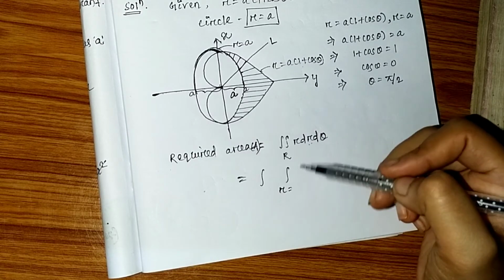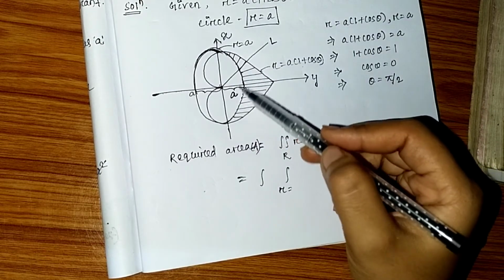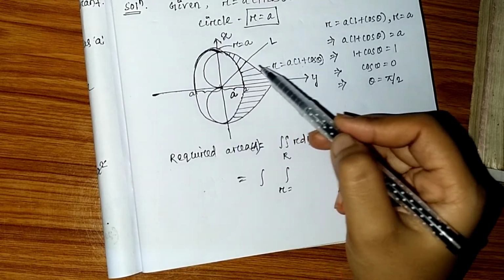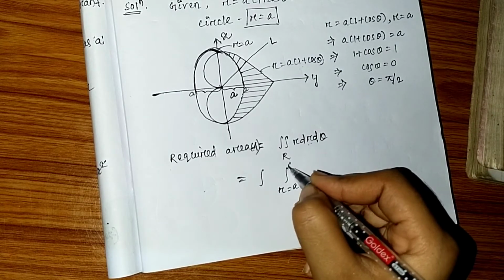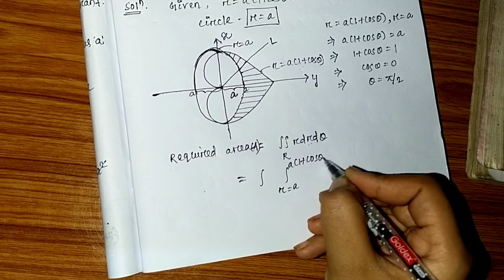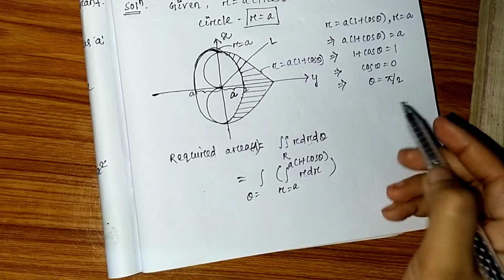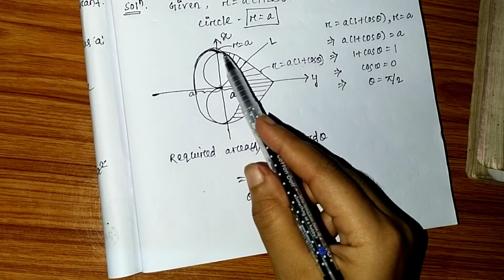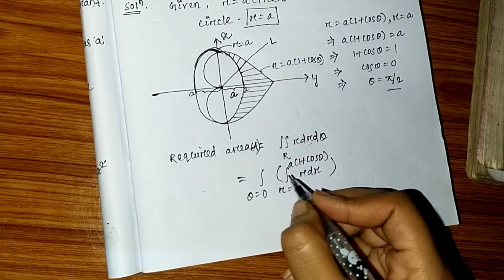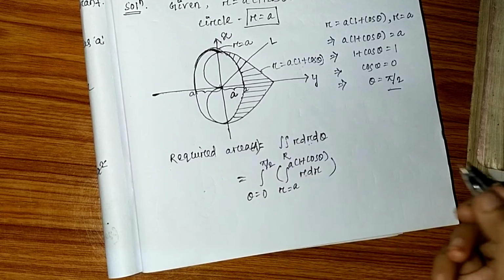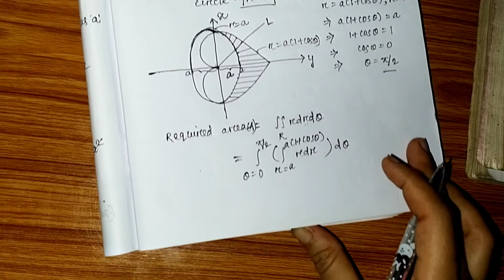So r is from a, this circle r equal to a, to r equal to a into 1 plus cos theta, and this is r dr, and theta is from 0 to pi by 2, d theta. Then we integrate with respect to r, then with respect to theta.